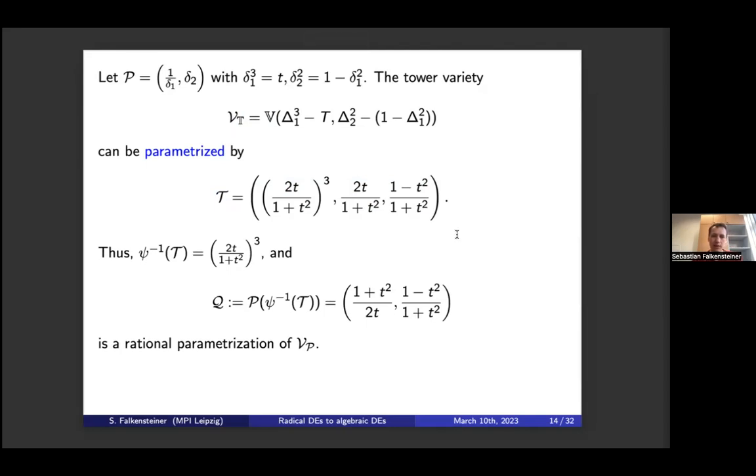And then we take the projection, that is this psi inverse here, and in this way get the rational parametrization of the radical variety. So basically we can work with this rational parametrization Q instead of P.